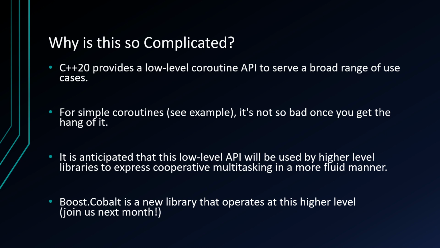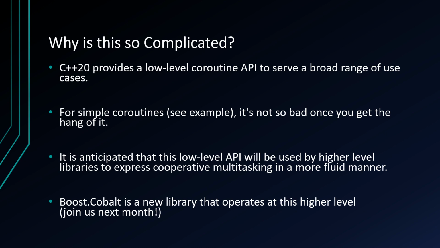So a bunch of coroutines are running, and the first one to say, hey, I got an answer, that's the one I want the answer from, and the rest of them can be canceled. And those higher level operations, it's intended that those will come from libraries, whether it's a standard library or a user-written library.